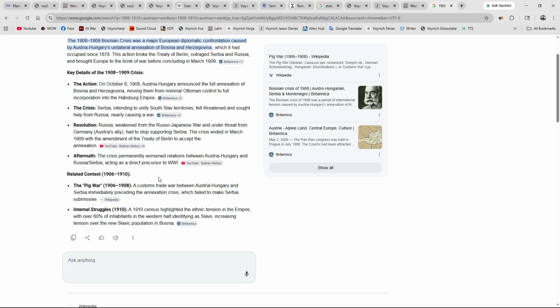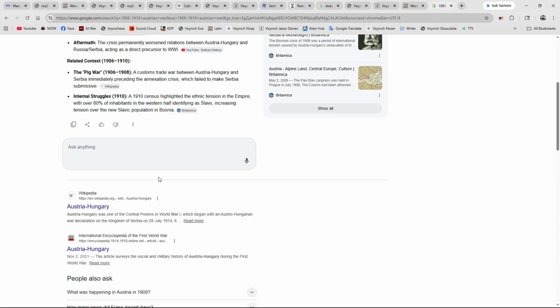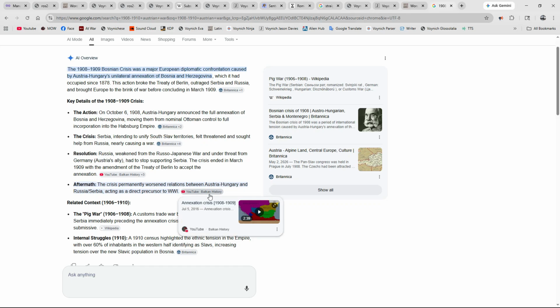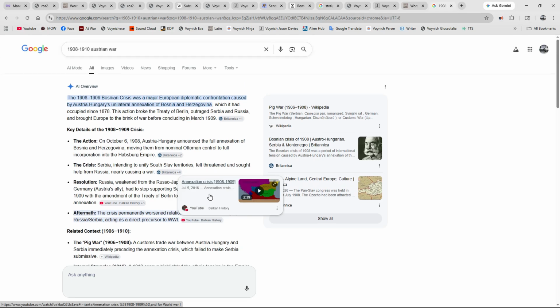The Pig War, 1908, between Austria-Hungary and Serbia immediately. So there was a war going on, a precursor to World War I, in Austria-Hungary.